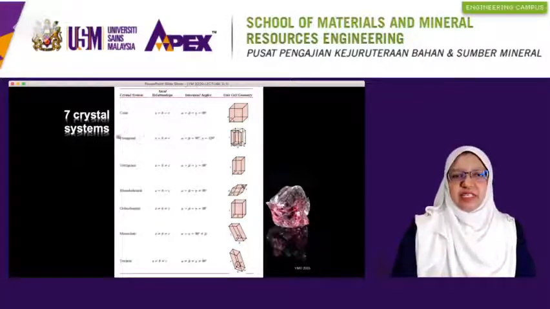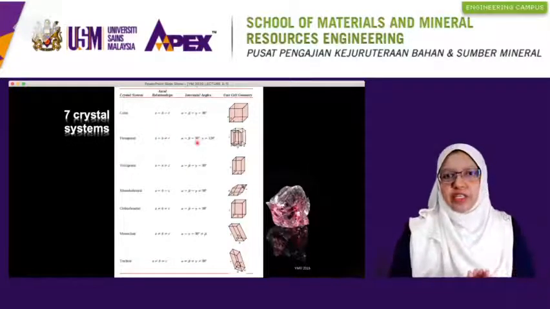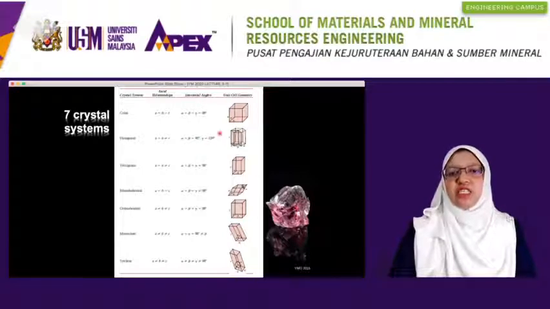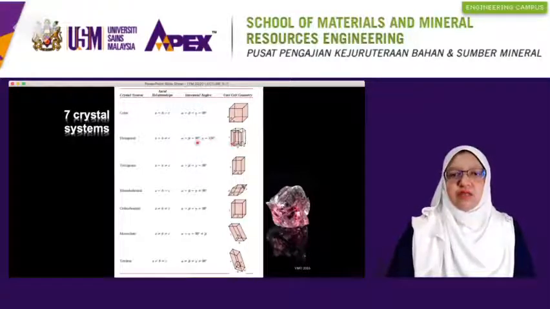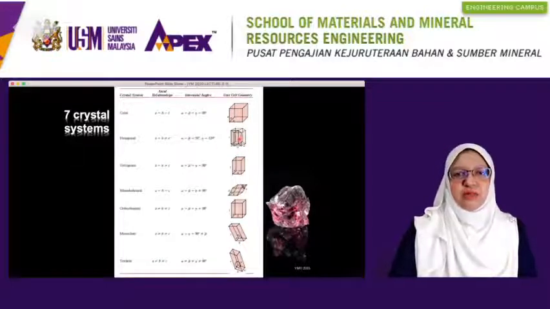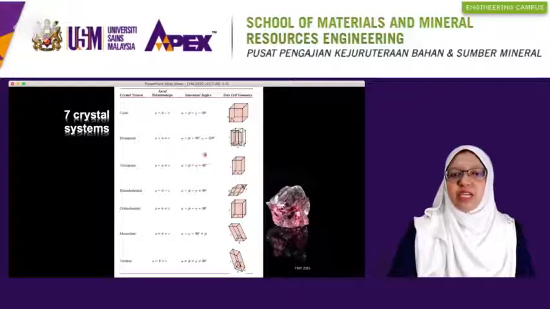Then we have hexagonal. A equals B but not equal to C. A and B are still 90 degrees, or perpendicular to each other, but the angle with C is 120 degrees, which gives you the gamma. So this is the hexagonal crystal structure. Then we have tetragonal. Again, A equals B but not equal to C, and in this case, alpha equals beta equals gamma equals 90 degrees.